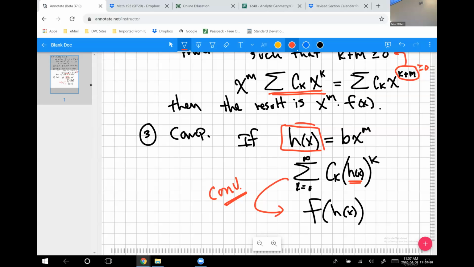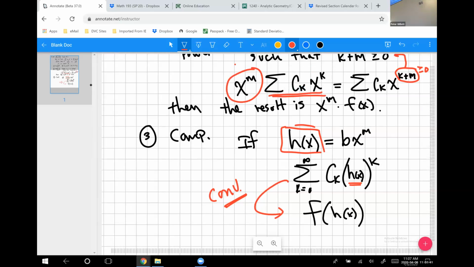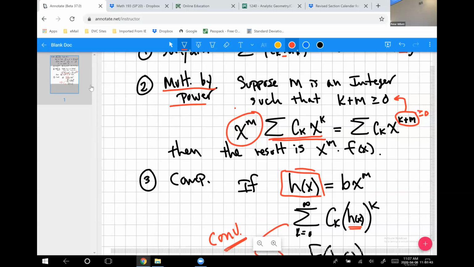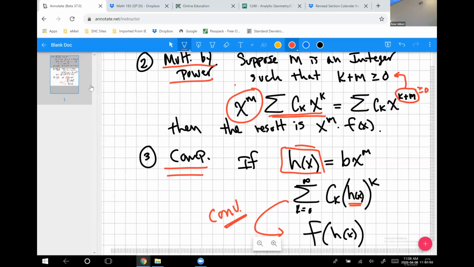Anyway, so this basically is some manipulations. You can multiply a power series by x raised to some power. That's the multiplication by a power. You can plug powers in. That's a composition. So then you're plugging a power in.